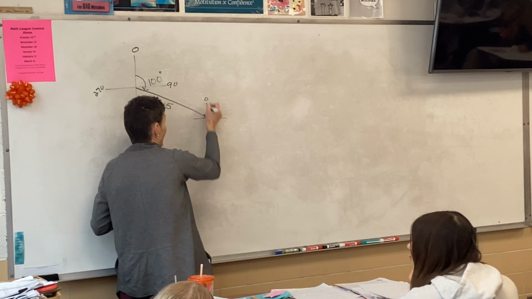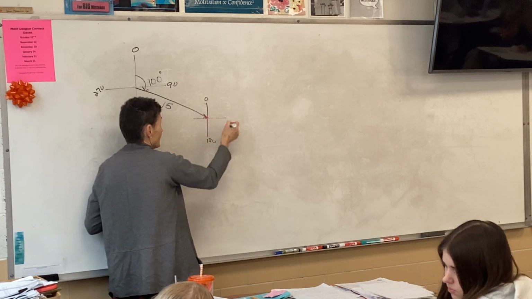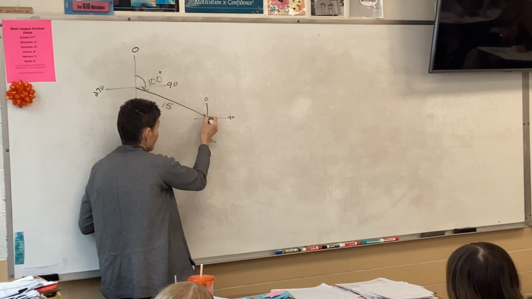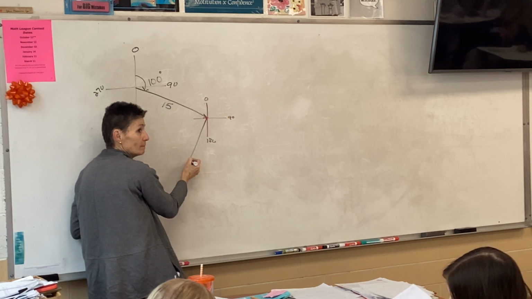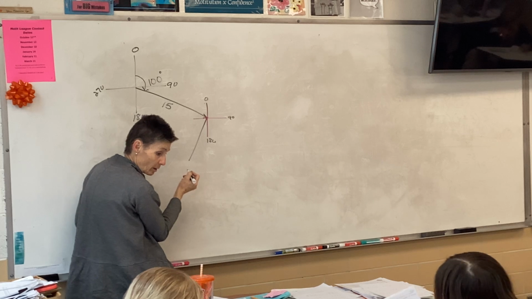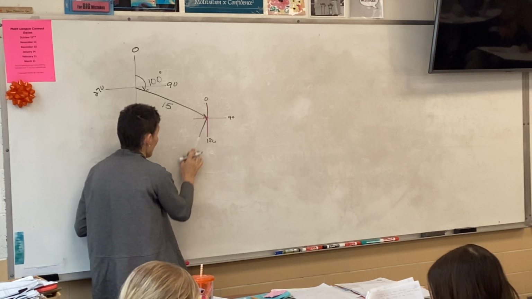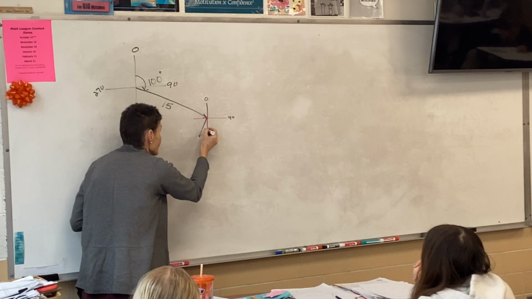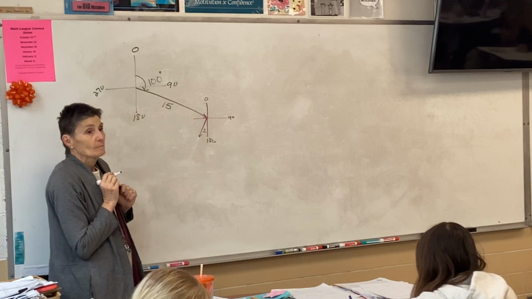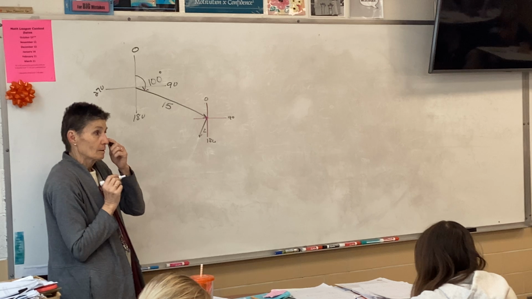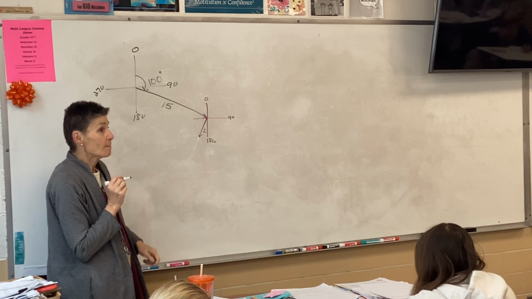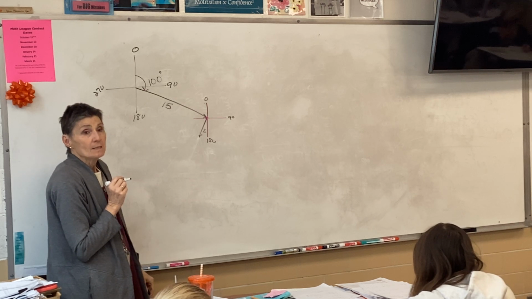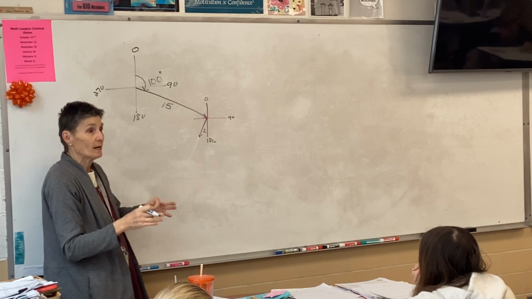Remember, this is 0 and 180, right? And 90 is over here. So won't this be 200, like right here? And that one is just 2 miles. So that one's going to be a short little thing. There he is, right there, 2 miles. Would you be able to draw that? Okay. Now, that's it. Problem done, finished.